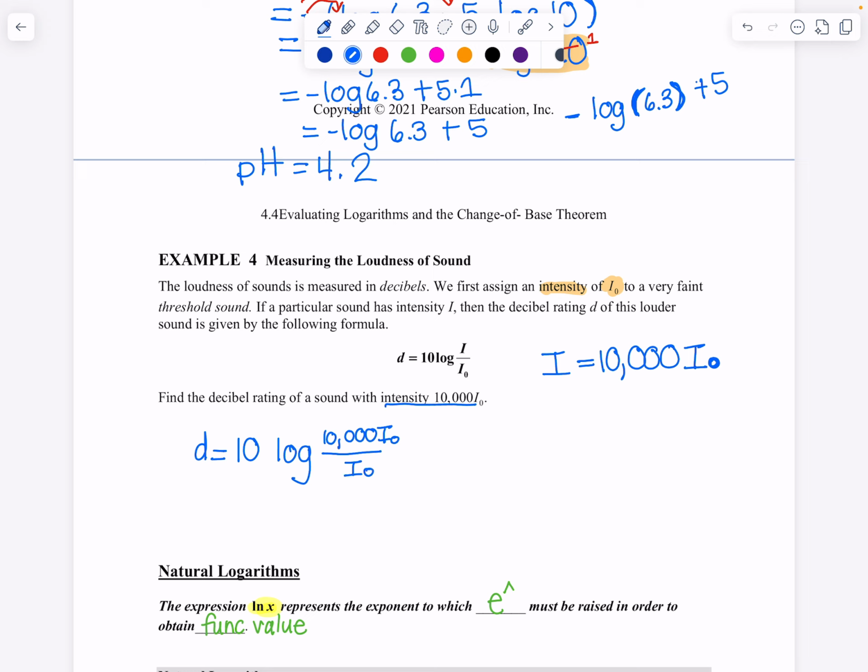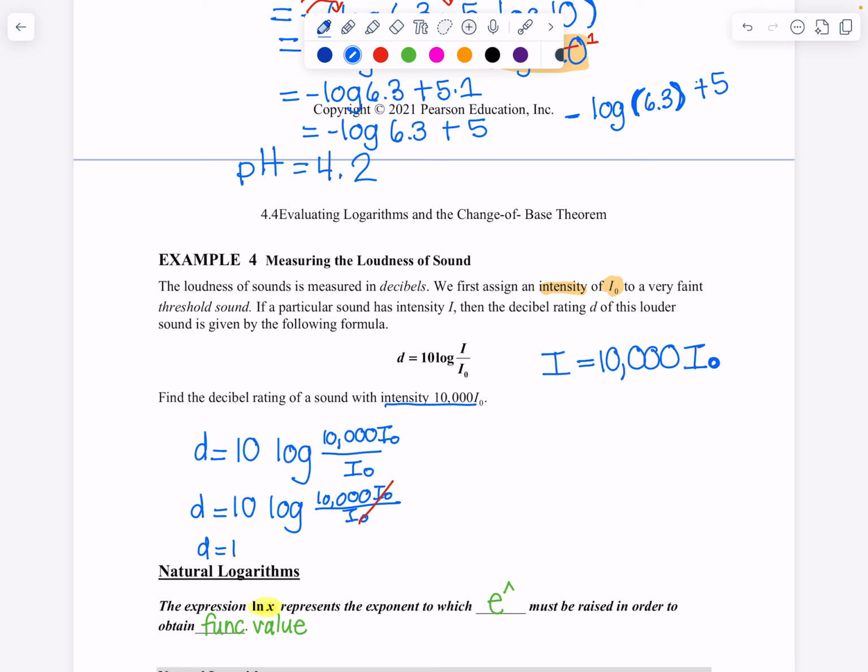Now, you all should see the very first thing that can cancel out. First thing y'all are going to tell me is the I sub 0, but I'm going to write it over so you all can see. Now, look what we're left with.